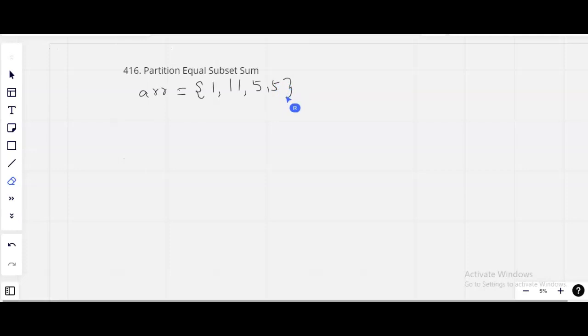We have created one part as 11, and the second one as 1, 5 and 5, right? Now we can say that the sum of both of these is equal to the total sum, but also that the sums of the individual partitions are equal.